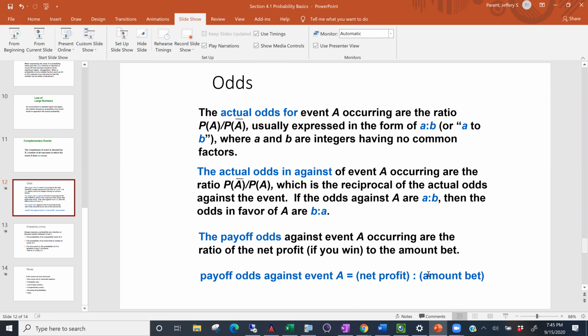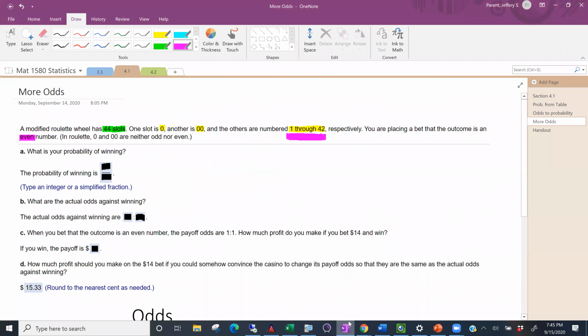So you profit $1 when you bet $1. If the payoff odds are 1-to-1 and you make a $14 bet, how much are you going to win? If you bet 14, you win 14.